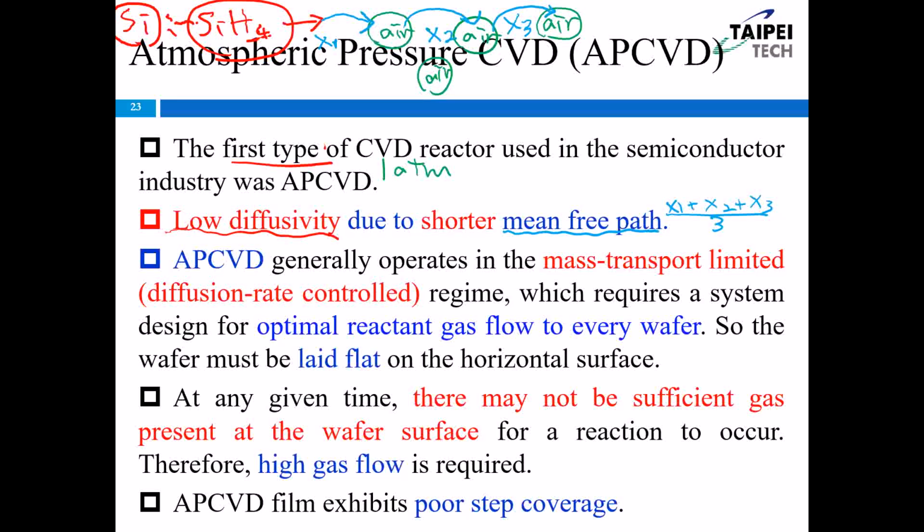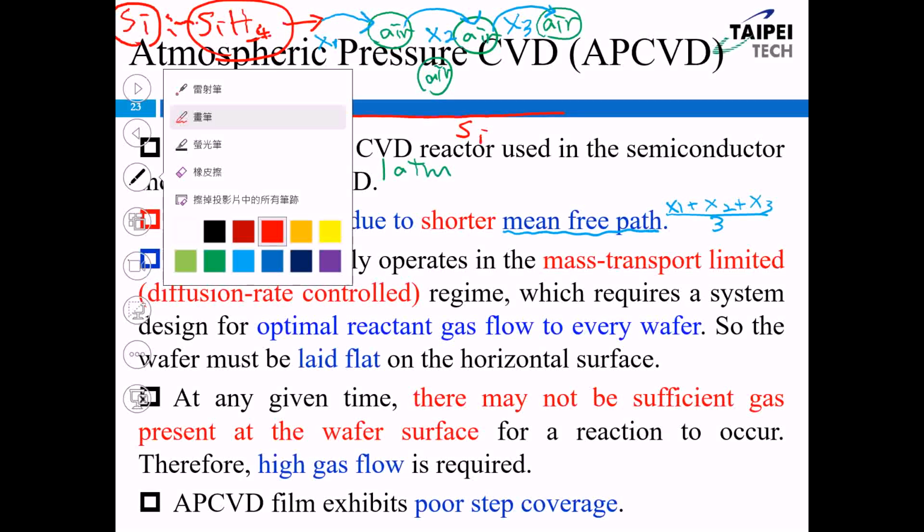And when we input the silane into the chamber, silane will collide with, 撞击, all of this air. So for our silicon substrate, do we have enough silane or not? We don't have a lot of silane.